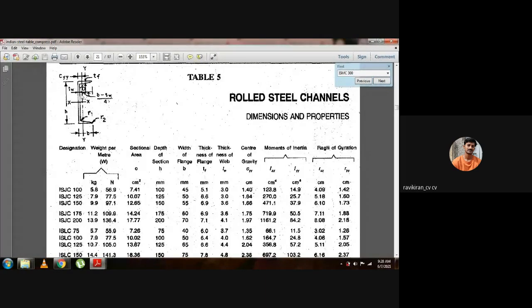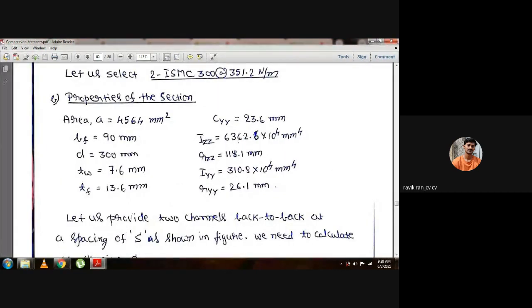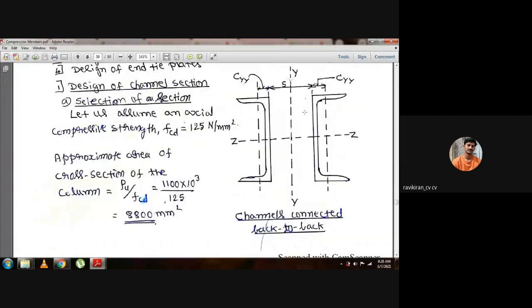From the vertical plane to the CG of this particular member in YY direction. So that is 23.6 millimeter, because this is necessary while we place the channels back to back. See here, the distance between these channels is S, and the CG distance is CYY for both the directions.